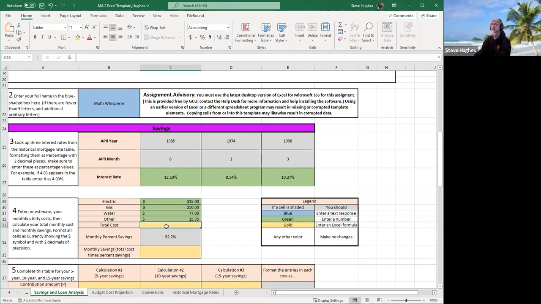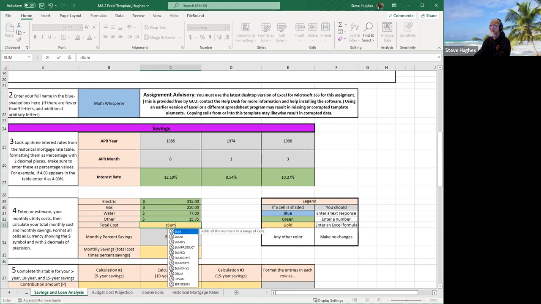Remember how we use the sum formula, equals sum, open parentheses. Take your mouse, left click, drag down. You can see the cells are highlighted. Close it with the parentheses. You now see the cells that you are adding together. Hit enter and you are done.